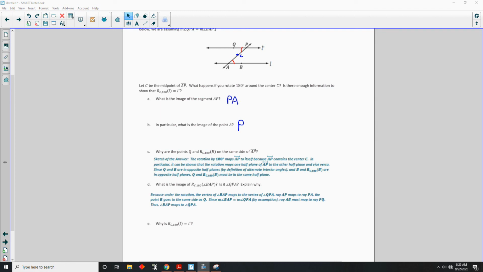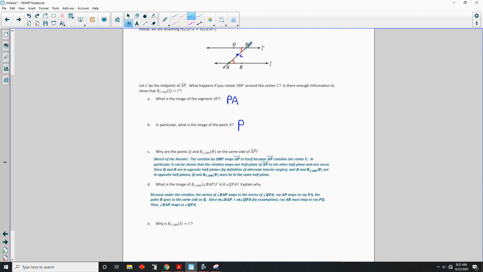It is angle QPA because under the rotation, the vertex of angle BAP, let me write this as I say it. The vertex of angle BAP, which is A, right here, maps to the vertex of angle QPA.